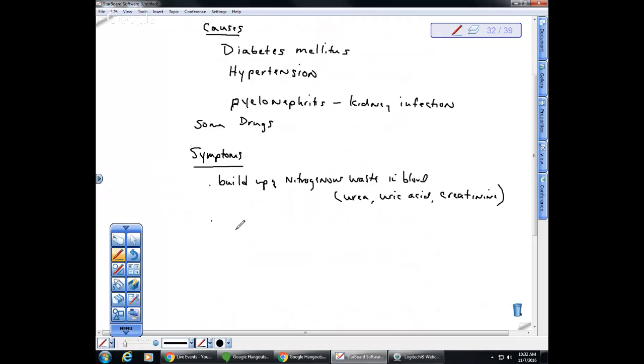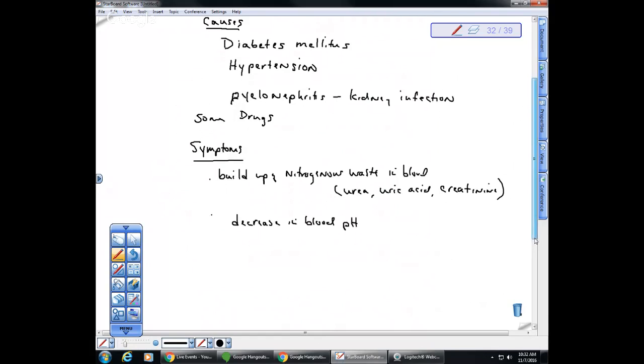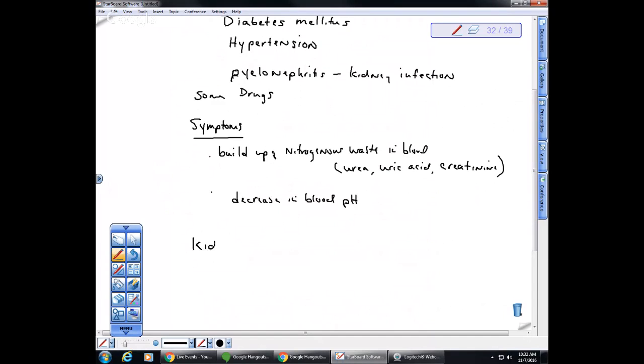And then you also get acidity, so you get a decrease in the blood pH. And when you have kidney failure, sometimes this is called uremia. So this literally means urine in the blood.